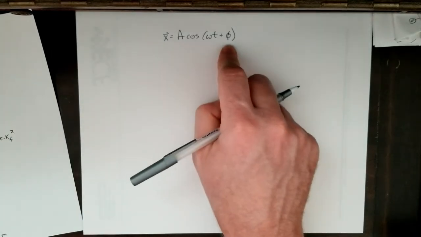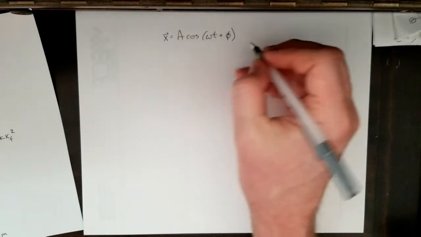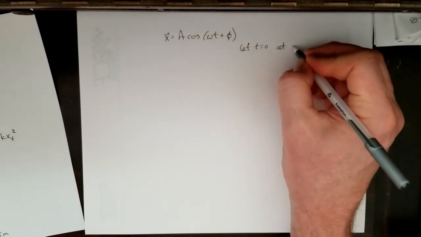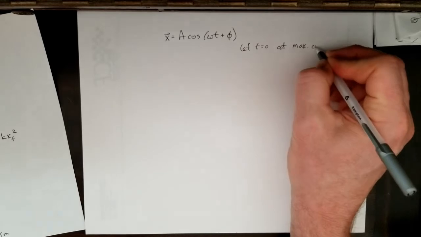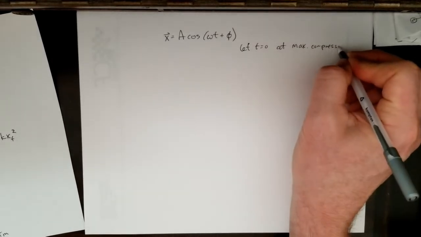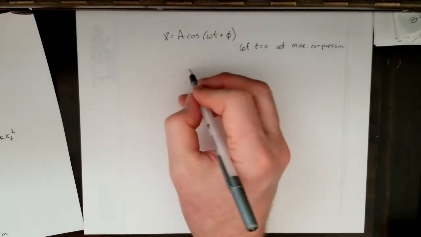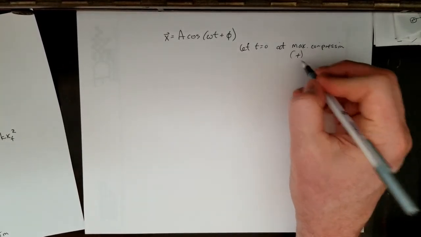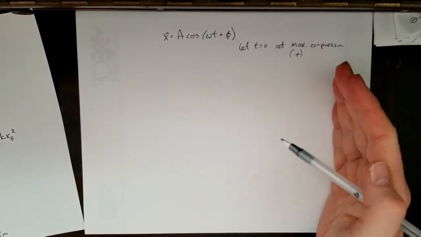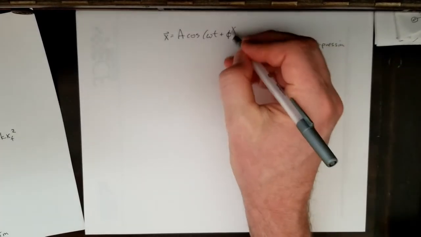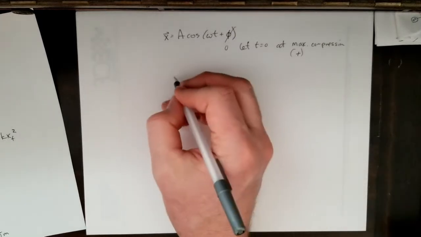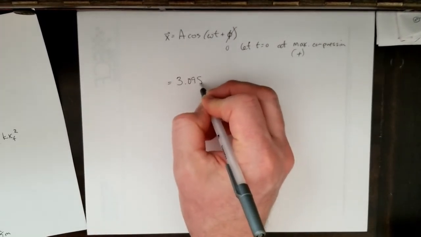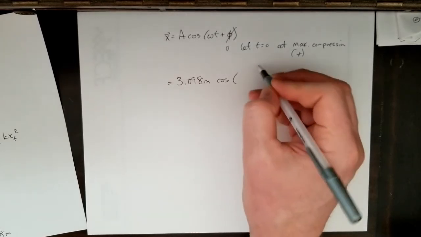Well, if I start this thing, let t equal 0 at maximum compression, and I make that direction positive, that means I'm starting at my peak, my maximum value, which is just cosine, and so phi is equal to 0. My amplitude, well, we just calculated that. That's 3.098 meters times the cosine of omega t.